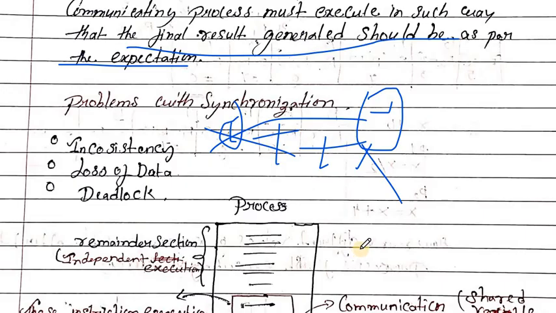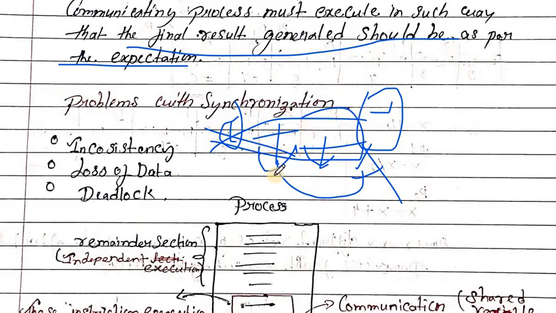So there is loss of data because there is no proper synchronization. The deletion of the variable must be done by the last process, but if that last process comes in the second or first position, it deletes the data, and the upcoming processes will not be able to access that data. So there is loss of data.